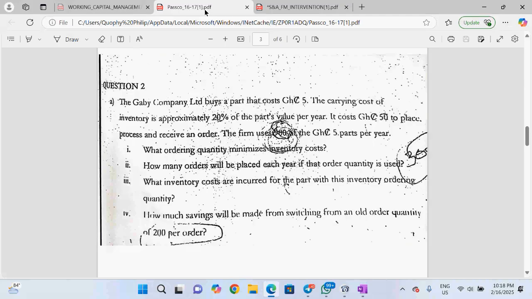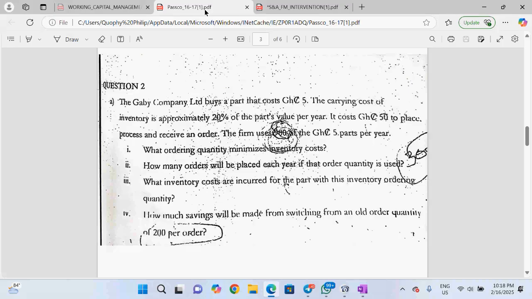The Gabby Company Limited buys a part that costs 5 Ghana cedis. The current cost of inventory is approximately 20% of the part's value per year. It costs 50 cedis to place, process and receive an order.